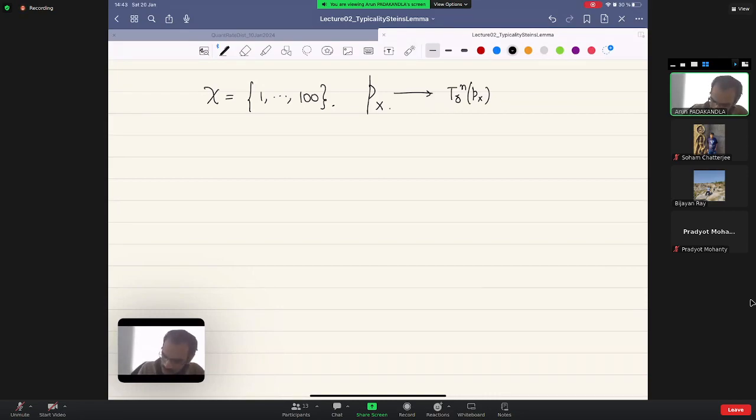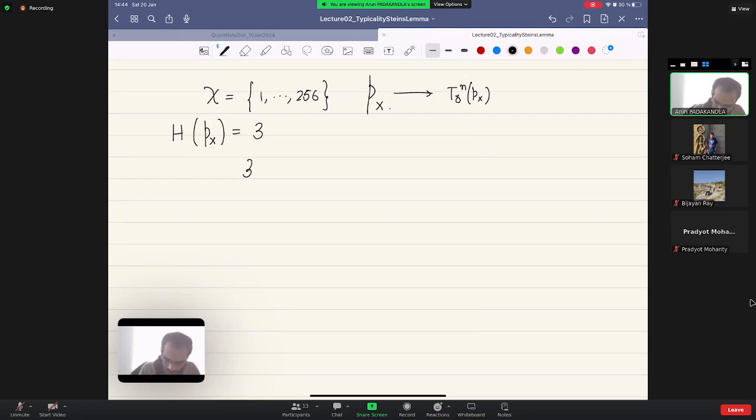To make life simple, I'll just say this is 256. So there are 256 values, which means I need 8 bits to index that. But suppose the entropy H of p(x) is just, say, 3 bits, because you have some distribution that gives you this entropy. So you need only 3 bits per observation.